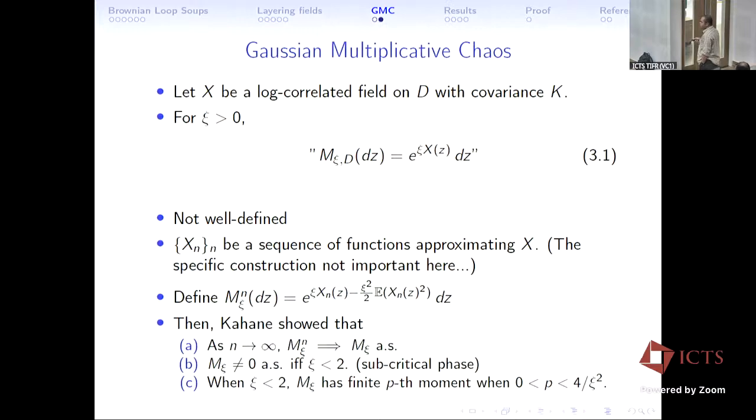And this is a statement about the moments, which I'm not going to need for this talk. But this is an important point to keep in mind, that I can only prove my result in the subcritical phase. Actually, not even the whole subcritical phase, as you will see. This part just has the structure of exponential martingales, so it is not that difficult.